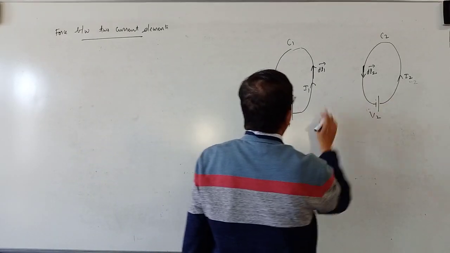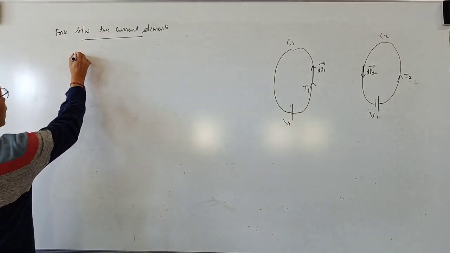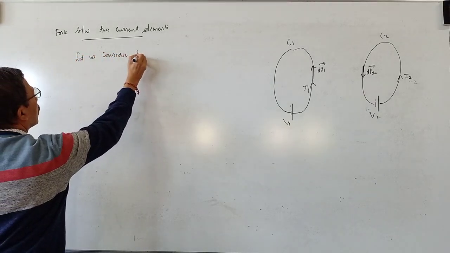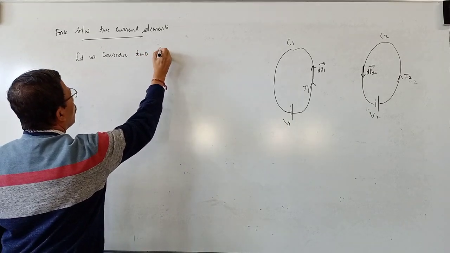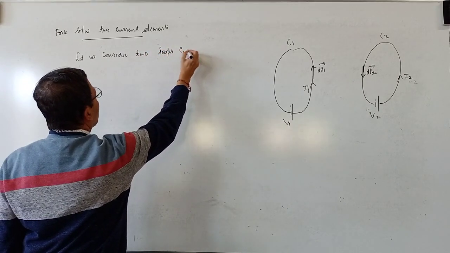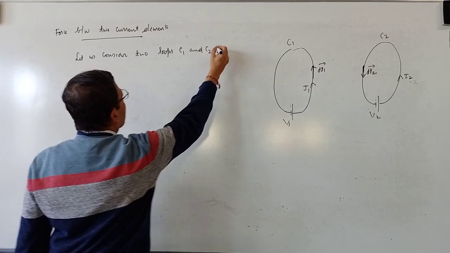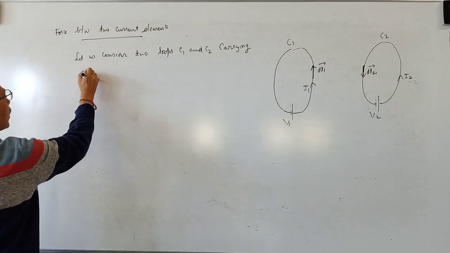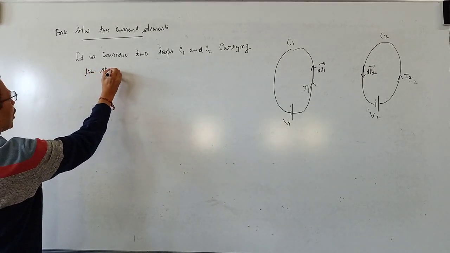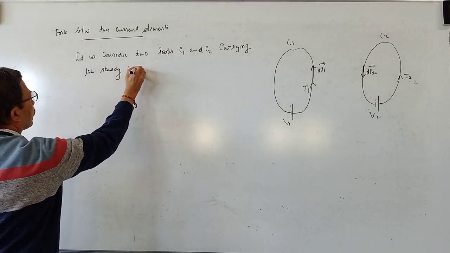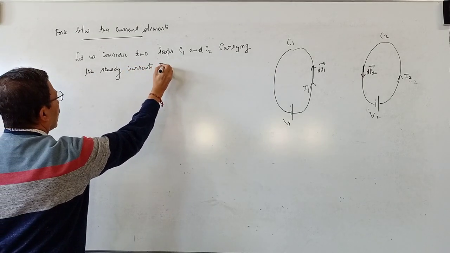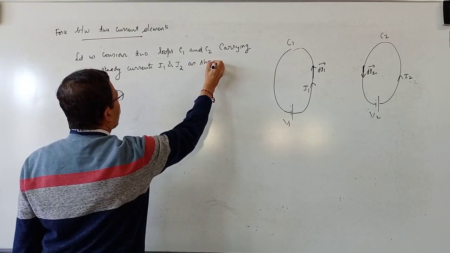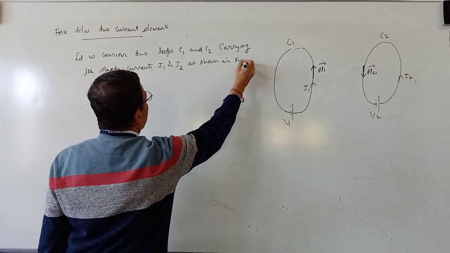Right? I am going to write now. Let us consider two loops C1 and C2 carrying the steady currents I1 and I2 as shown in figure 1.